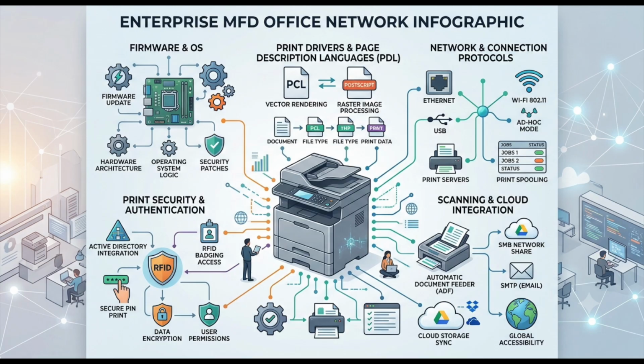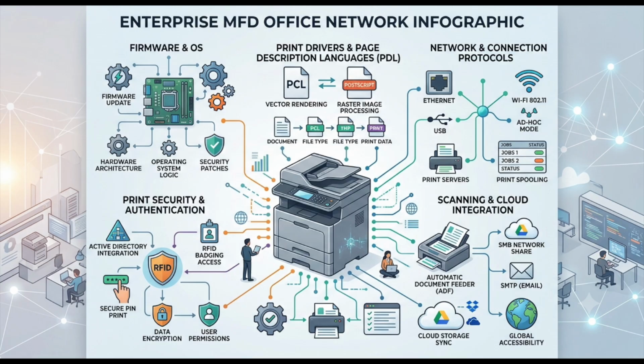Okay, but let's look at a smaller deployment. Say you have an MFD connected directly to a desktop via USB. To get the rest of the room connected, why not just go into the Windows OS, right-click the printer, navigate to the sharing tab, and map everyone directly to that desktop? Boom, shared printer. Well, yeah, that might function in a small home office. But not in enterprise. Definitely not. In an enterprise environment, that topology introduces a massive single point of failure.